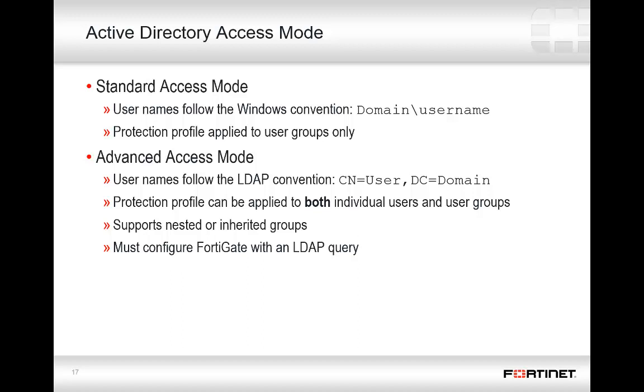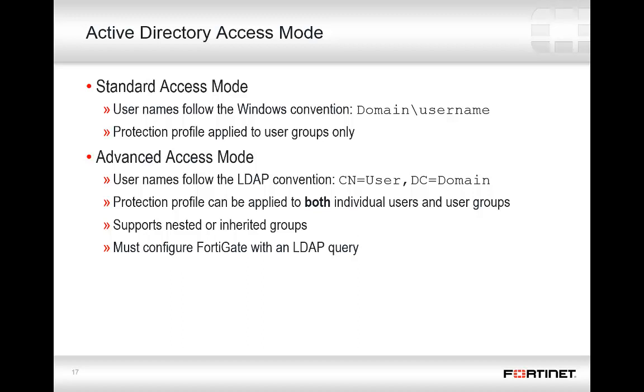Standard mode uses the Windows convention, domain/username. Advanced mode uses the LDAP convention, CN equals user, OU equals name, DC equals domain. If there is not any special requirement, use standard mode.